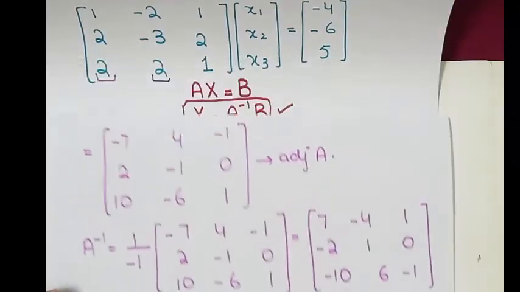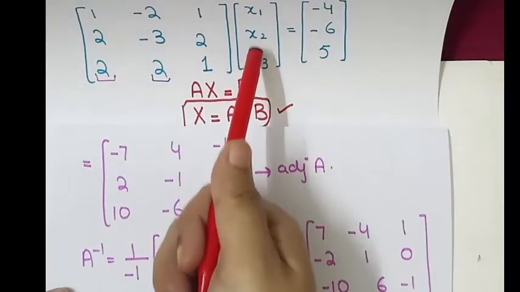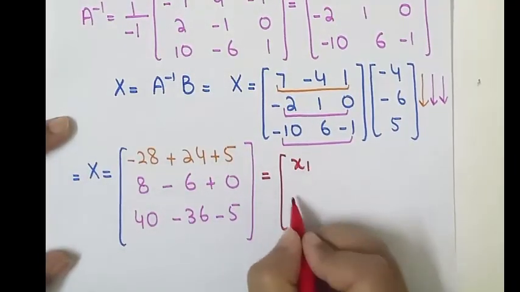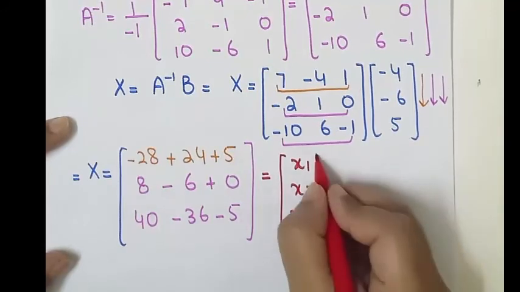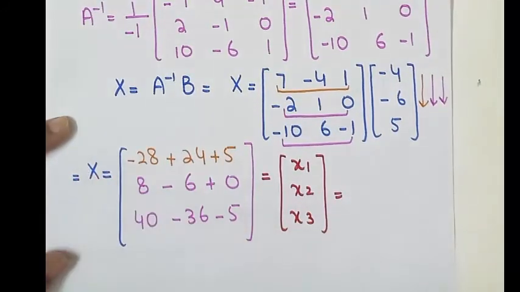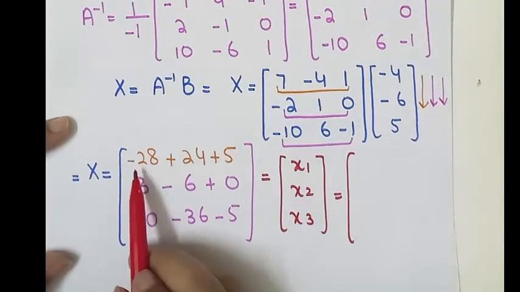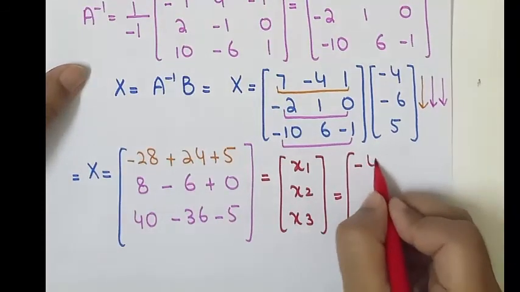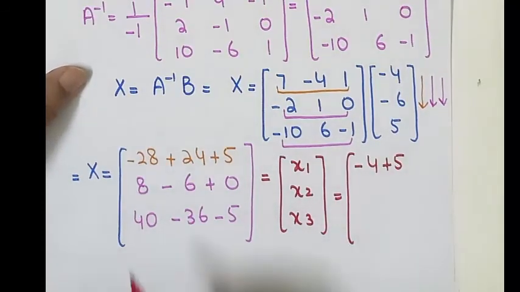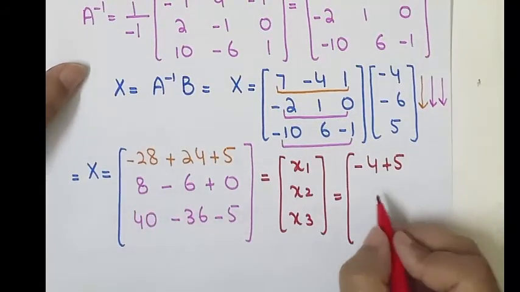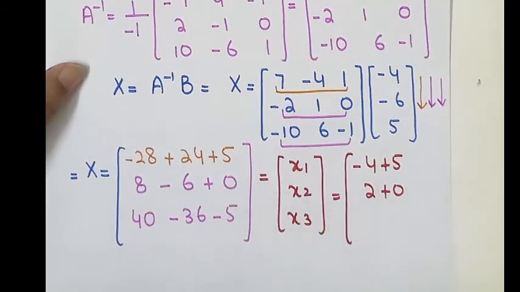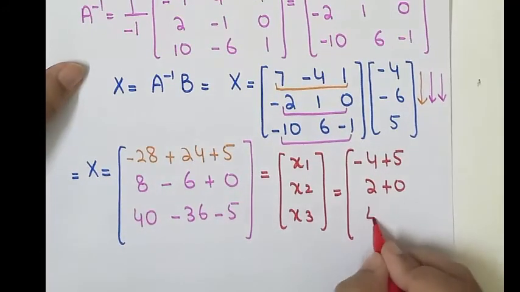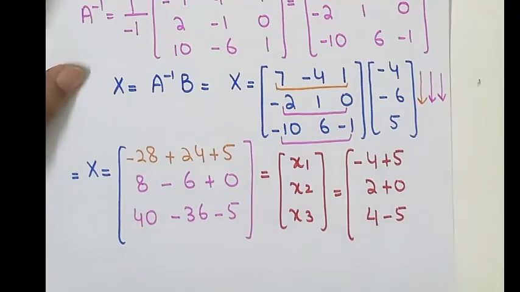So as we know that X equals the matrix x1, x2, and x3. We can write x1, x2, and x3 here instead of simple X, which equals -28 + 24, which equals -4 + 5. We have 8 - 6, which equals 2 + 0. 40 - 36 means we have 4 - 5.